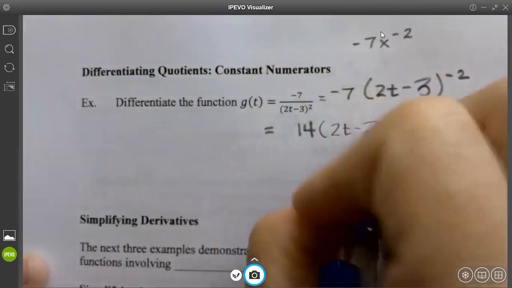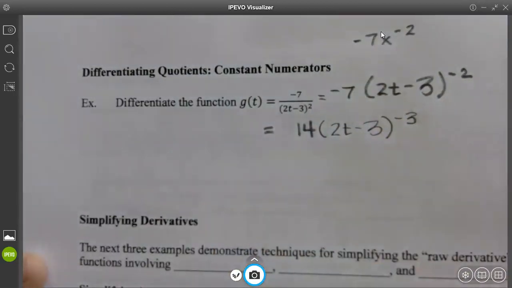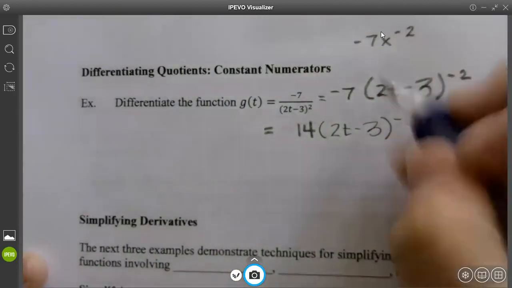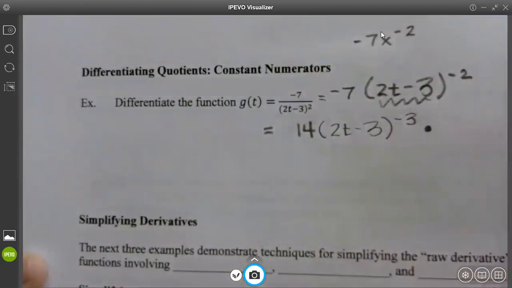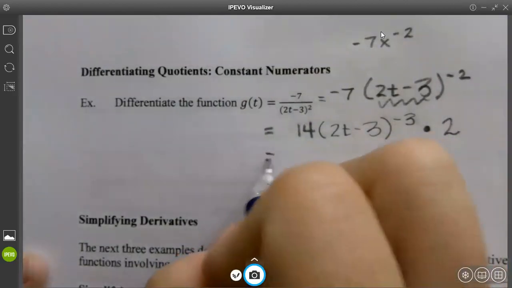2t minus 3 stays, and the new power is -3. The new step is multiply it by the derivative of the inside. What's the derivative of 2t minus 3? 2. So what is my final derivative?